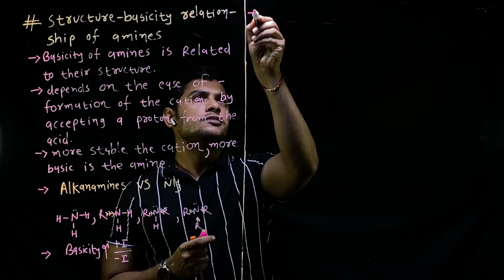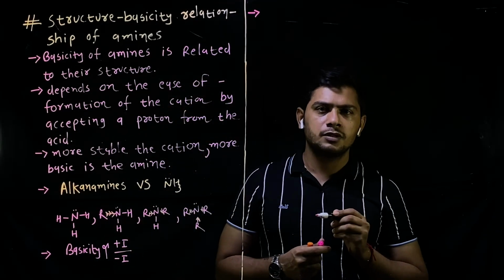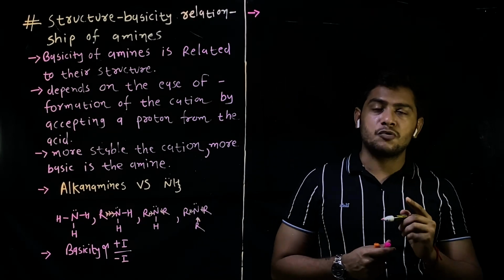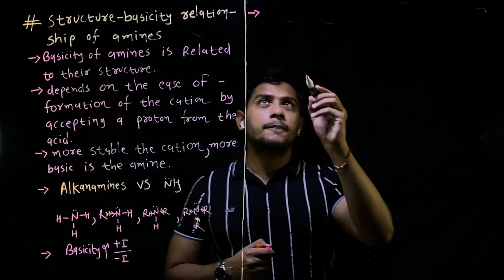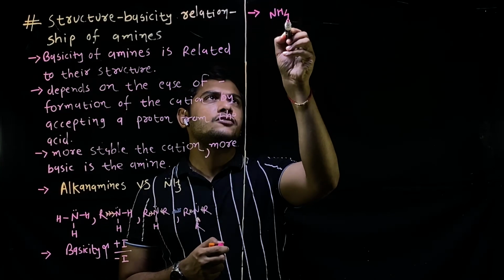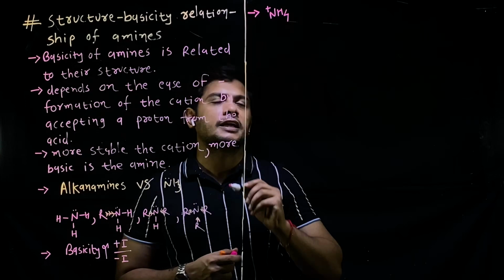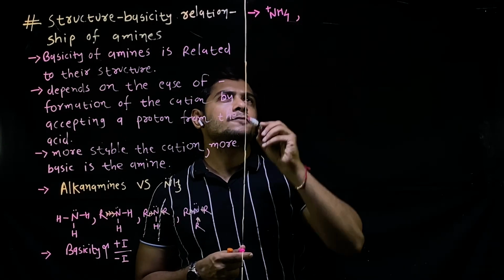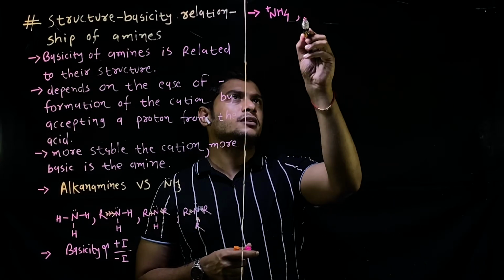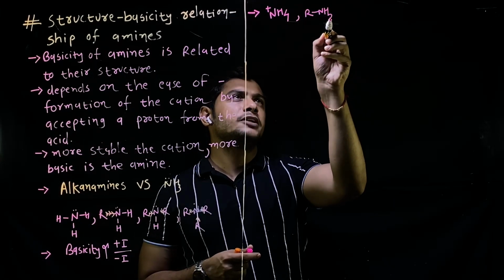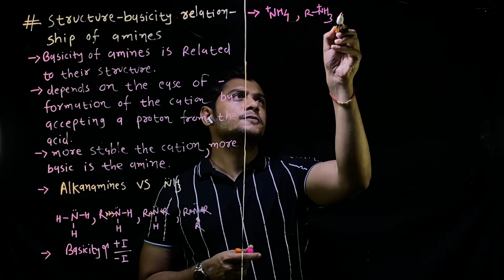Let me make a point. First, we'll add a proton to each and every amine and ammonia. If I add one proton, I'll get NH4 plus ion. Now, if we add one H to the structure of primary amine, we'll get RNH3 plus.